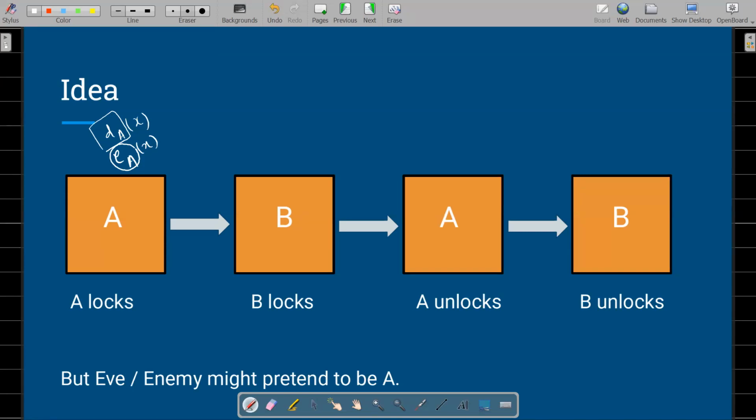But then one risk in this is that B doesn't know that A has put that lock. So it's a belief that A has sent this back.